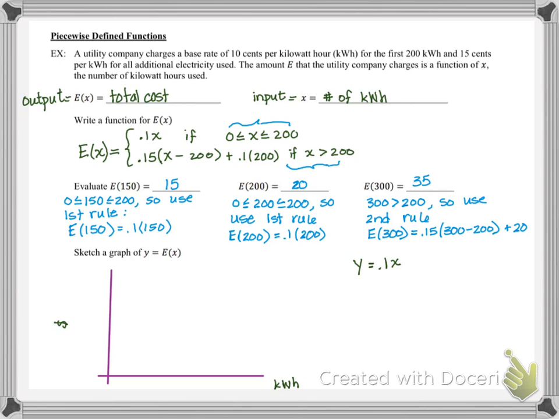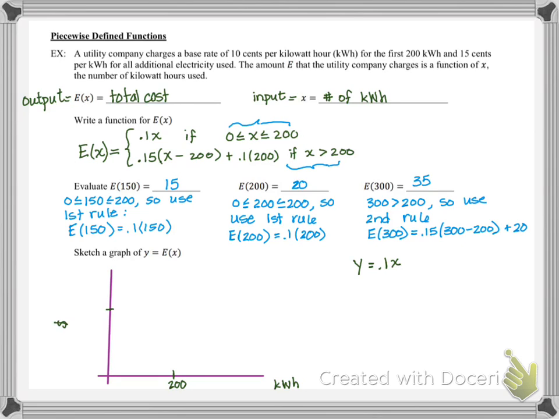But regardless of what type of function it is, if we have an equation like that, we always can graph it, right, just by picking x values and plugging them in and figuring out what y is. So we want to graph y equals 0.1x, but we only want to graph it for x values that are less than 200. So we have 200 right here.